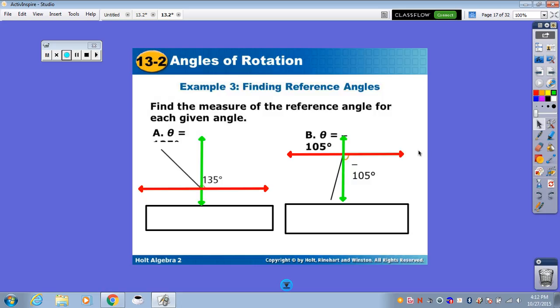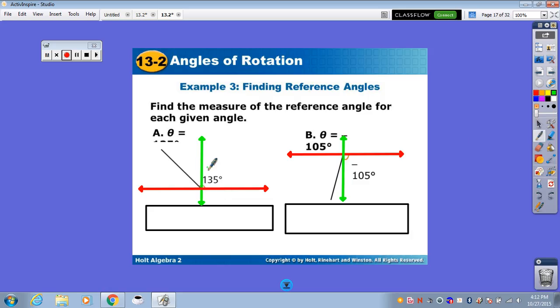When you're looking at these, it helps to have a coordinate plane across your angle, and this angle is going from the red axis. It's got its initial side on the positive x-axis, and rotating around. This black line here is its terminal side, and our angle measure is 135.